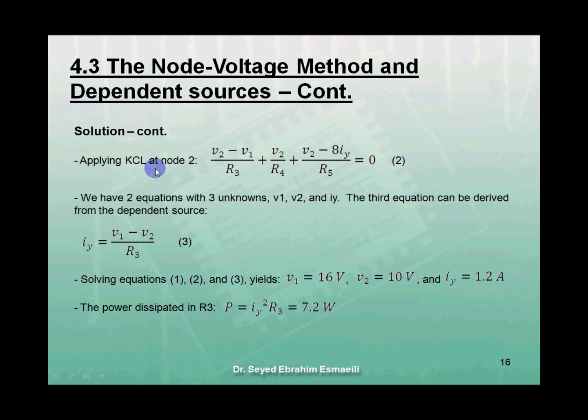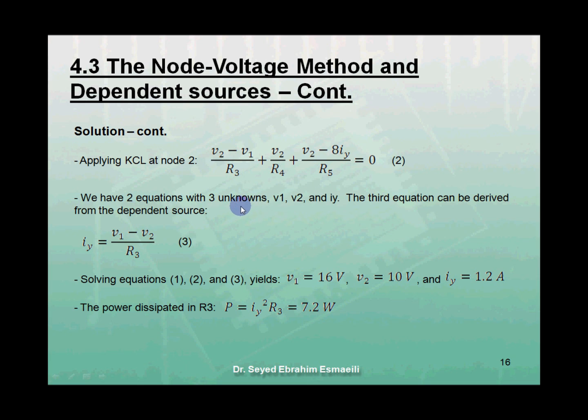Applying KCL at node 2, we get (V2 minus V1) over R3 plus V2 over R4 plus (V2 minus 8 IY) over R5 equals 0. This is the second equation.